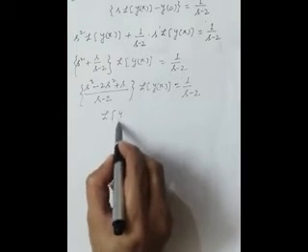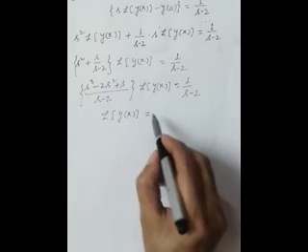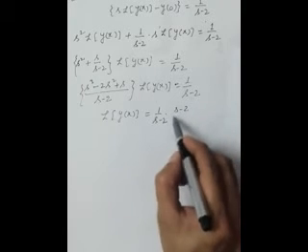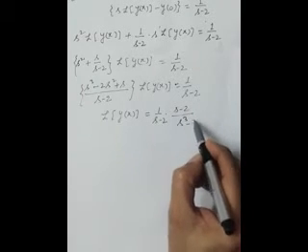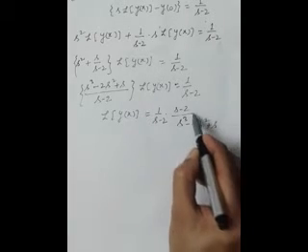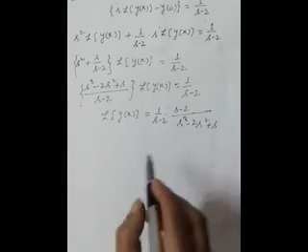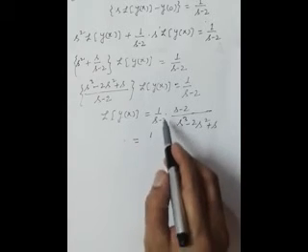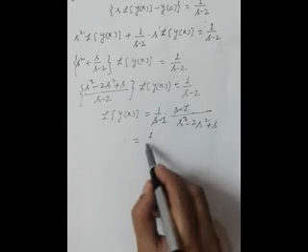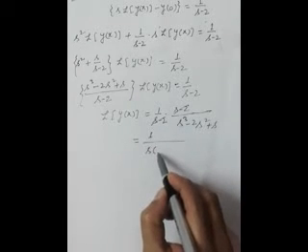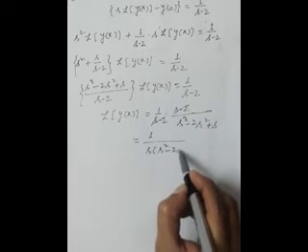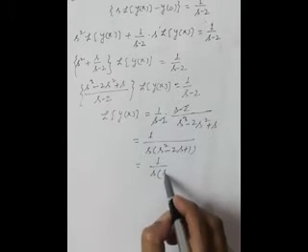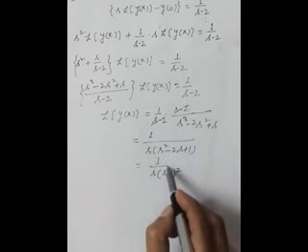Now the Laplace transform of yx is equal to 1 upon s minus 2 into s minus 2 upon s cube minus 2s square plus s. This is equal to 1 upon s into s square minus 2s plus 1. This is equal to 1 upon s into s minus 1 power 2.